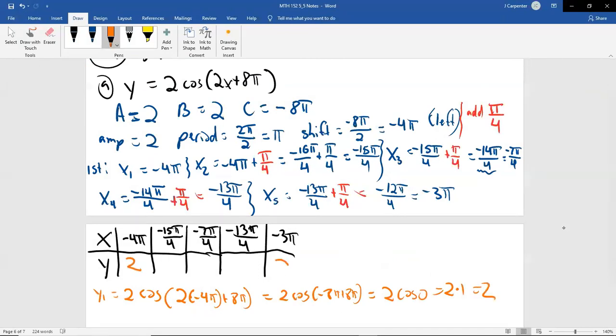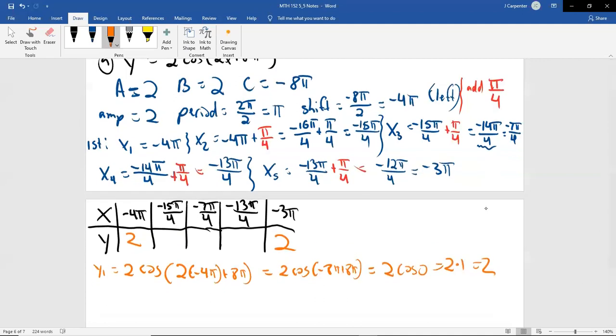Now the last one's the same, so I'm going to go ahead and put that as a 2. The second and the fourth were always the same, no matter what, so let's show the first one. We'll assume the fourth one from there. So let's do y2 equals 2 cosine of 2 times negative 15 pi over 4 plus 8 pi.